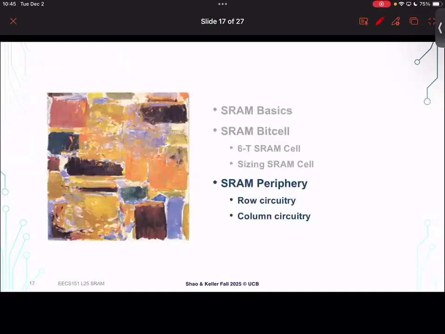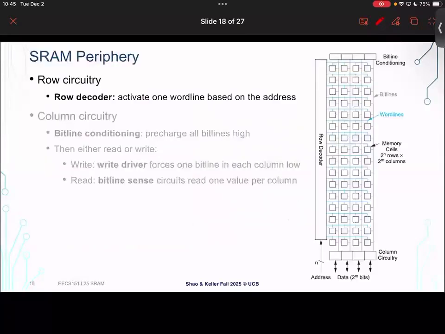We're going to spend the last 15 minutes starting to talk about the second half of the SRAM, which is the periphery. I think we'll talk about row circuitry today and column circuitry on Thursday. As a reminder, the periphery is everything that's not the array of bit cells.